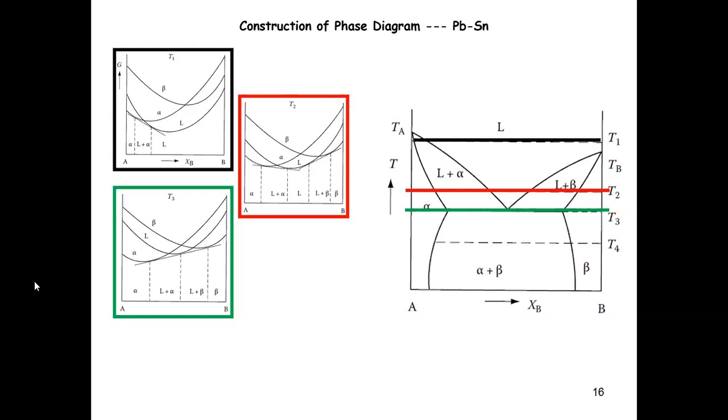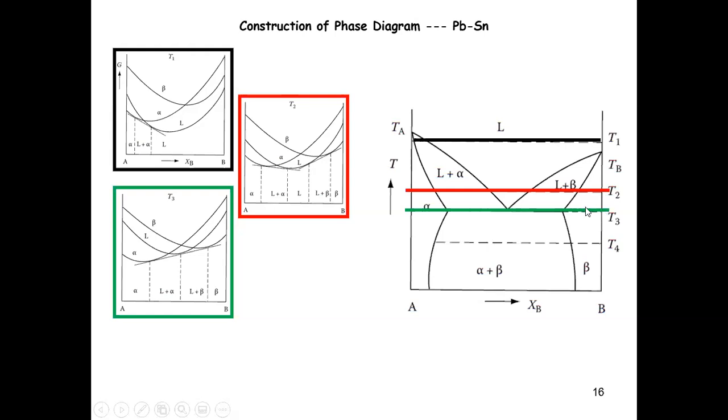And it turns out that this three-phase coexistence corresponds to a very unique point on the phase diagram, which is right here. This is unique not only because from this analysis we know it's the three-phase coexistence, but also when you represent all this information on the phase diagram, you see that you have the single phase alpha region, the alpha liquid coexistence, the liquid beta coexistence, and the beta phase, right?